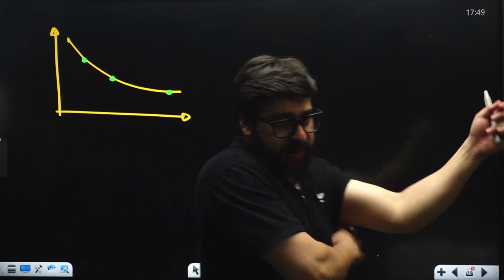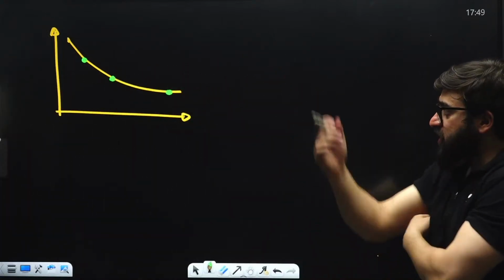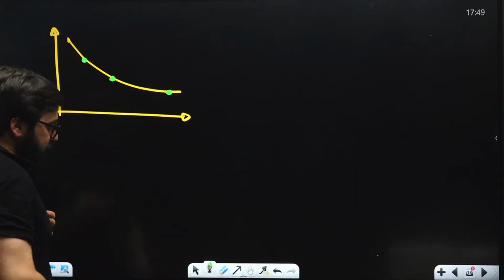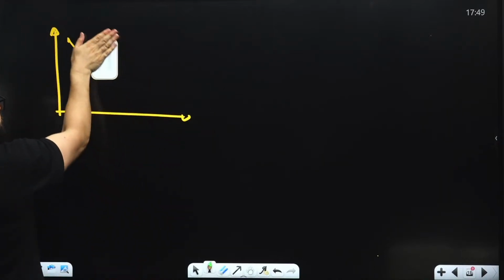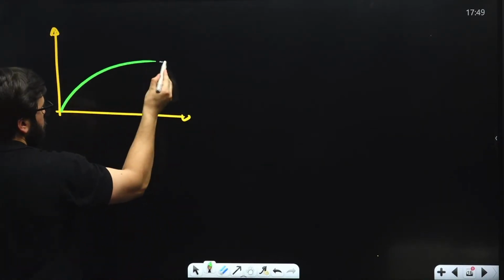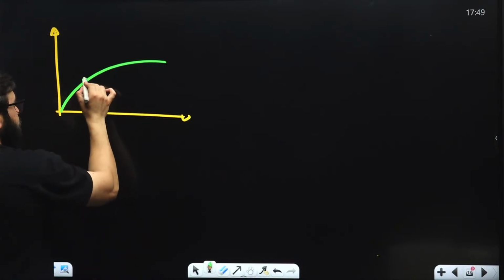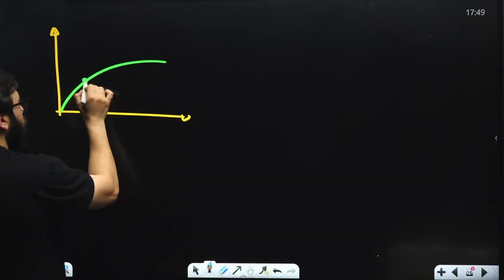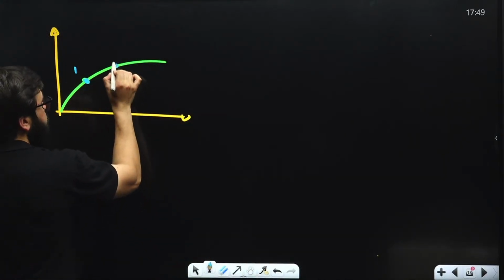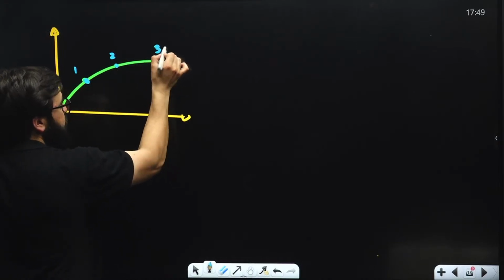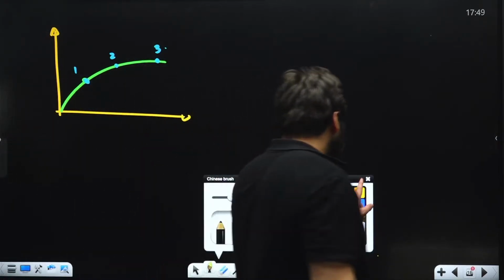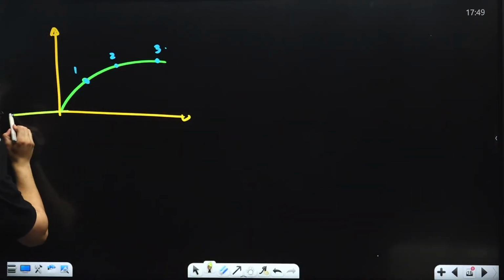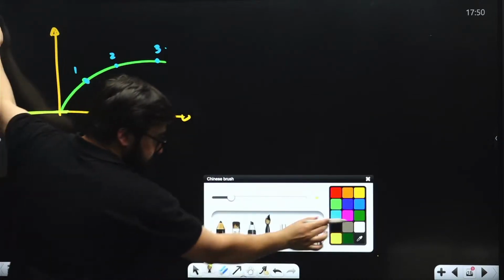You guys have to tell me in this particular case, is the slope increasing or is the slope decreasing? At which point is the slope more?